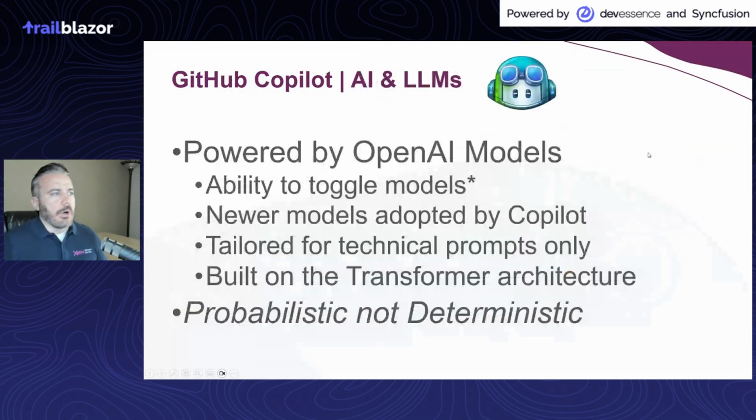Okay, we need to know a little bit about the large language models behind it, because it will help us when building our applications. I've already shown that these are powered by OpenAI models behind the scenes. For GitHub Copilot, they're tailored for technical prompts only. You can't ask something like what's the best team in the NFL and have it respond the Pittsburgh Steelers.